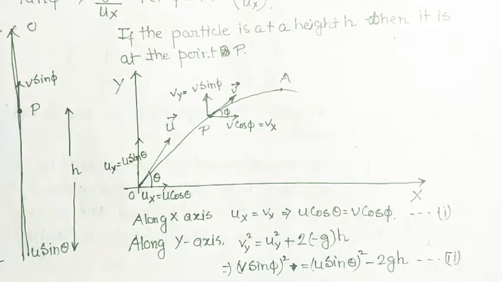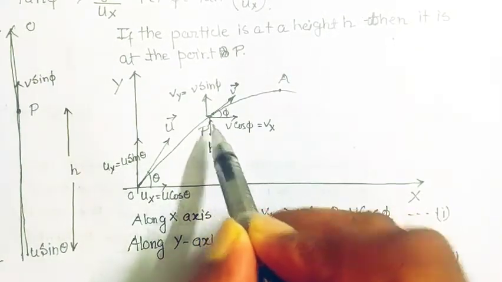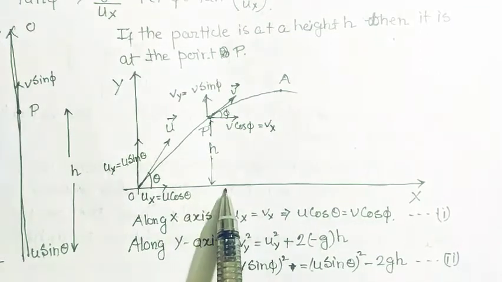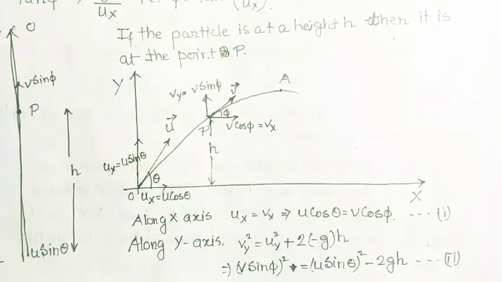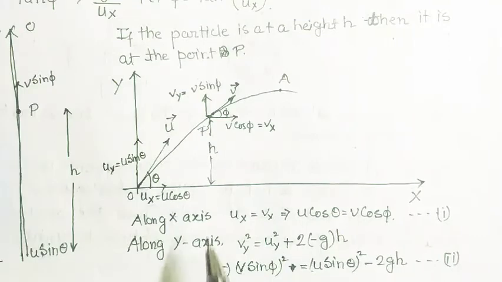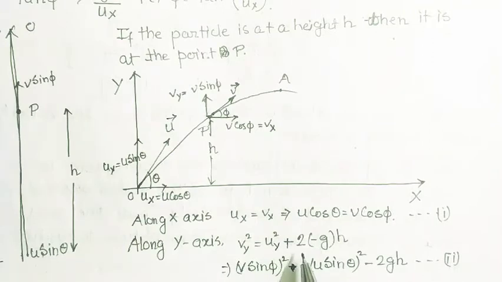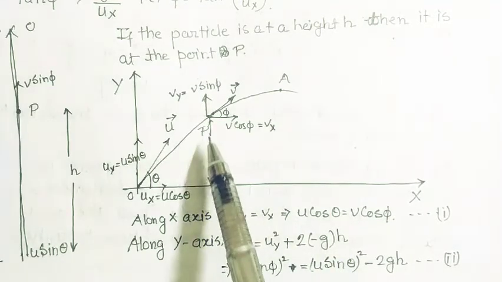And let us consider when the particle is at the point P, at that time it is at a height h from the ground or the datum level that I have told you. So I can write down this equation: vy square equal to uy square plus 2 of minus g into capital H, because g is along the negative y-axis, so minus, and h is along the positive y-axis, so plus.